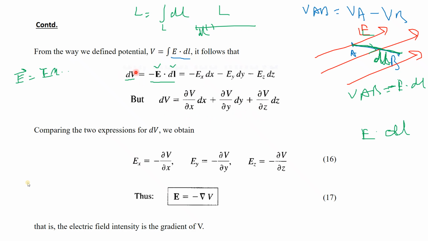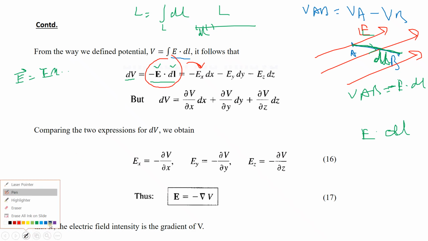This is the partial derivative. So this one is the RHS part, and this one is the LHS part, dV. The RHS part is clear as we have derived.